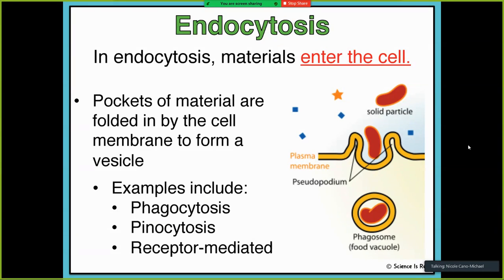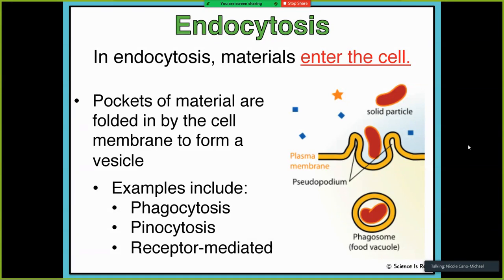The opposite of exocytosis is endocytosis. Again, endocytosis is still a form of active transport. It still requires energy. It still goes against the concentration gradient. But in endocytosis, we have materials entering the cell. So it's kind of the opposite.